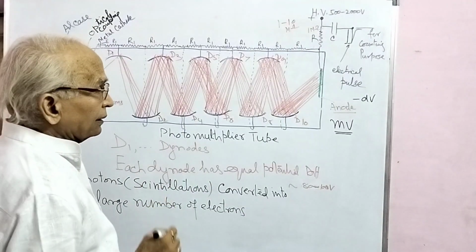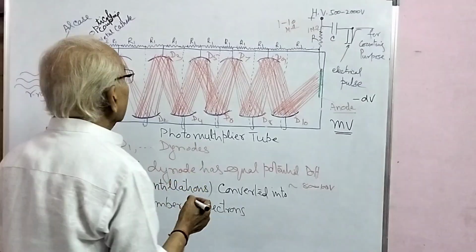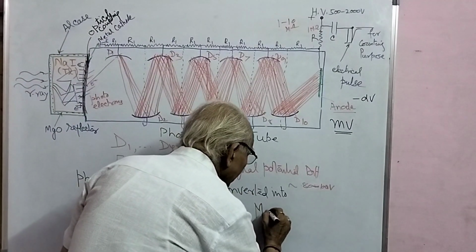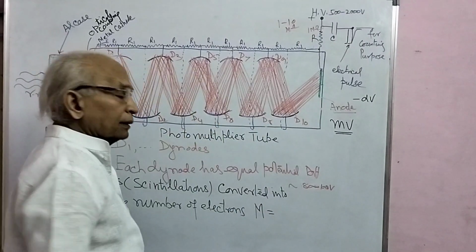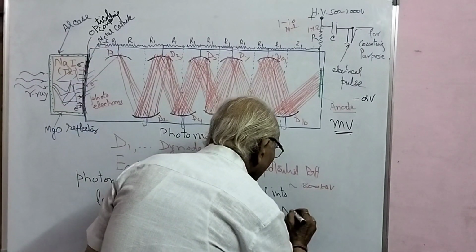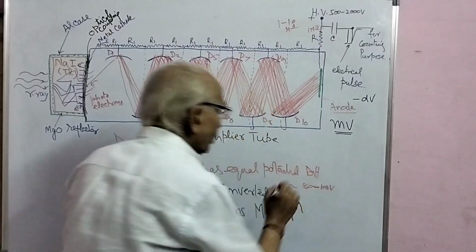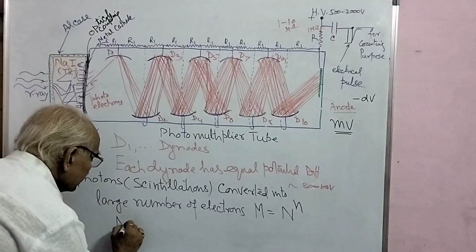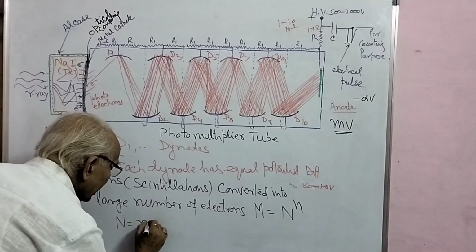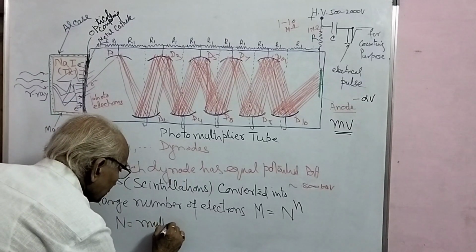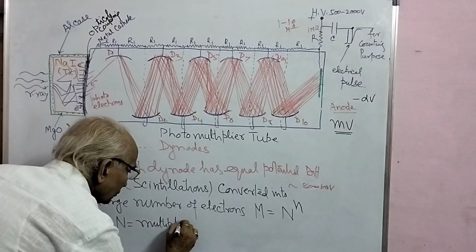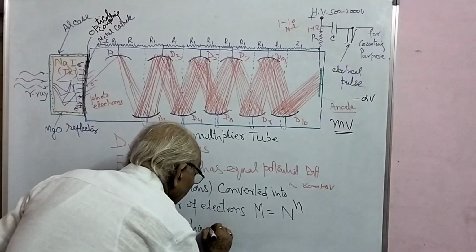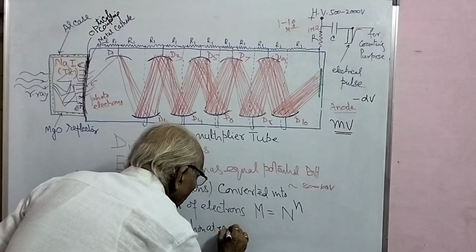So if I want to see what is the multiplication, say M, multiplication M can be given by N to the power n. What is N and small n? Capital N is the multiplication at each diode.